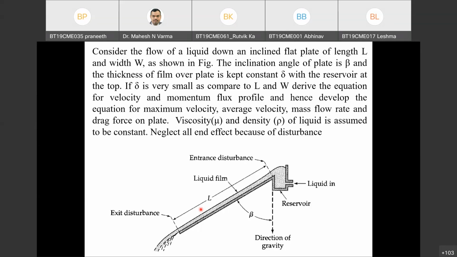If viscosity is not constant, then it is called a power law, where the variation of viscosity is considered. Here, since viscosity is constant, I can use Newton's law of viscosity. Indirectly, it is given that we use Newton's law of viscosity for correlating velocity and flux.